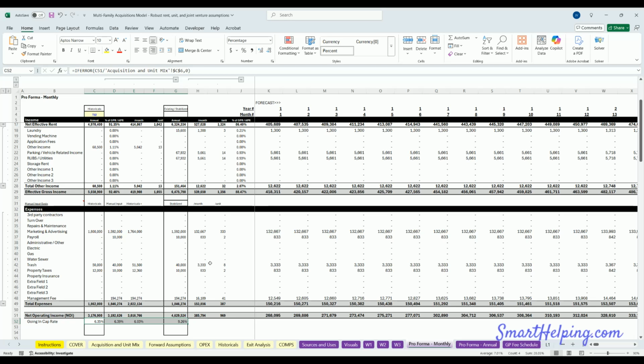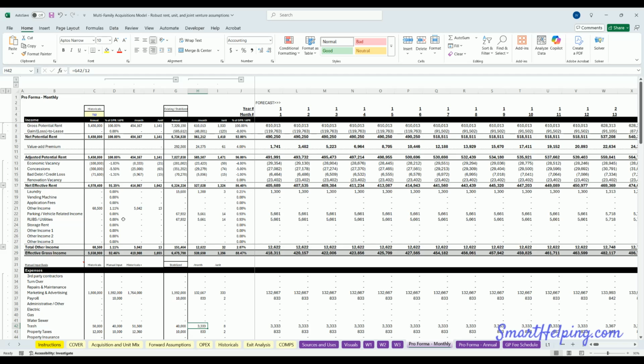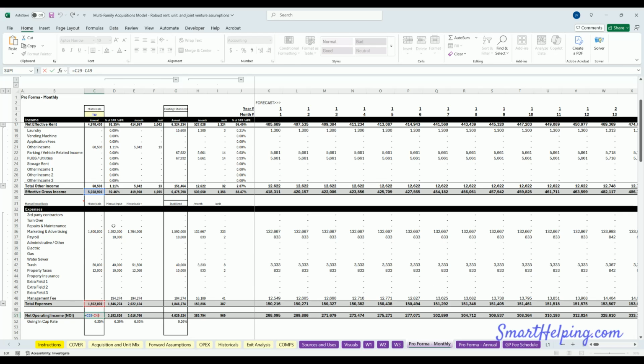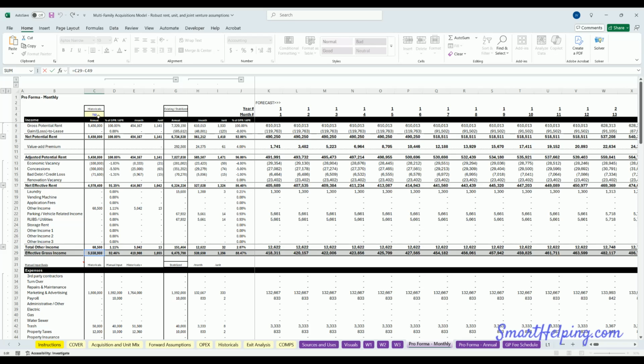So in this model, let's talk about how we're calculating these things. First we have three going in cap rates over here based on historicals or a manual input for expenses. If we look at historicals, we see the net operating income is going to be based on, in this case, we've chosen the T12.